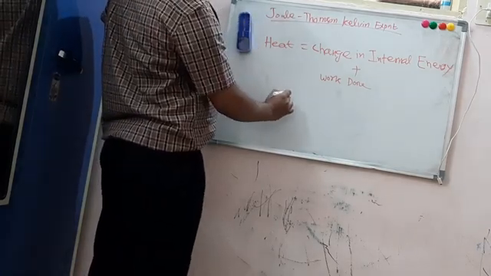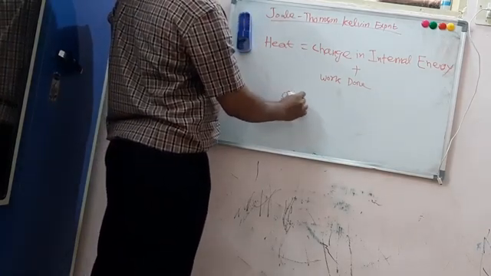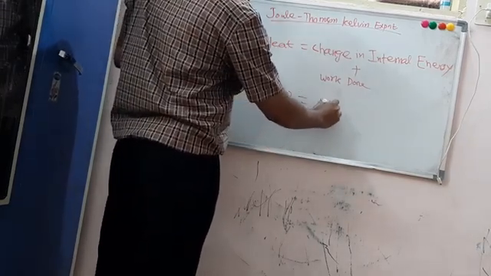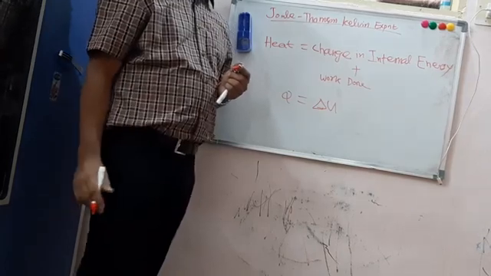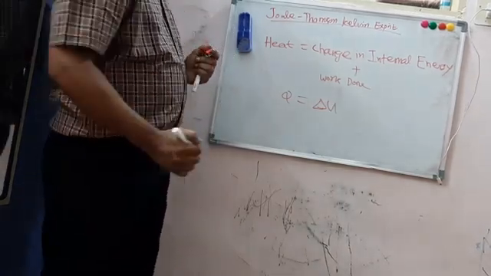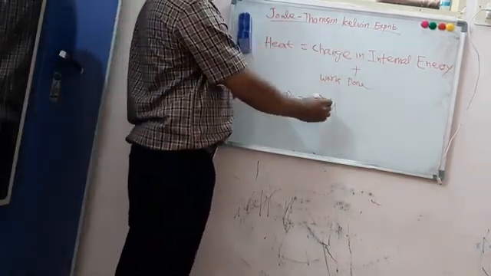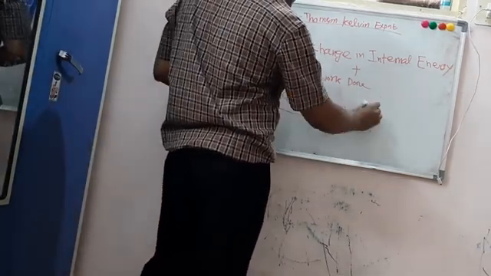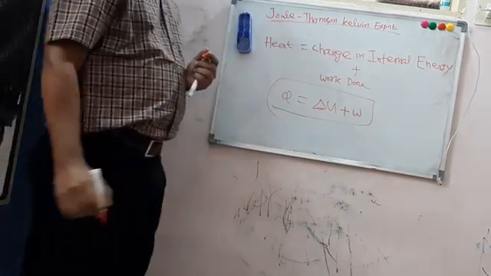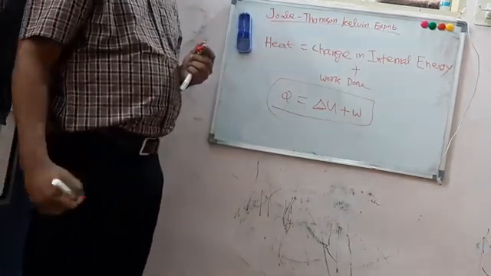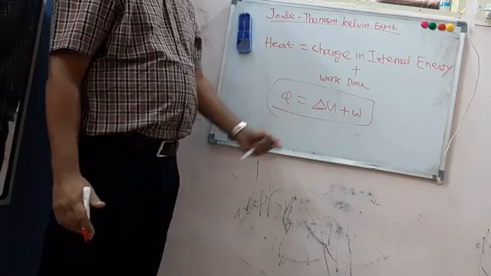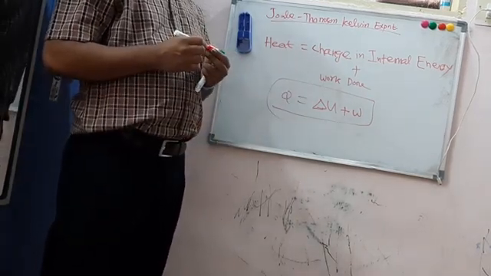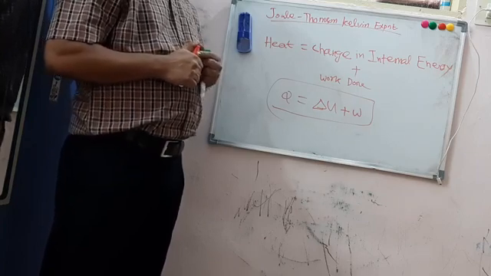Mathematically, heat is represented as Q, internal energy is represented as U, and the change in internal energy is del U, so Q equals del U plus work done. So according to the first law of thermodynamics, heat given to the system is equal to the change in internal energy plus the work done by the system.